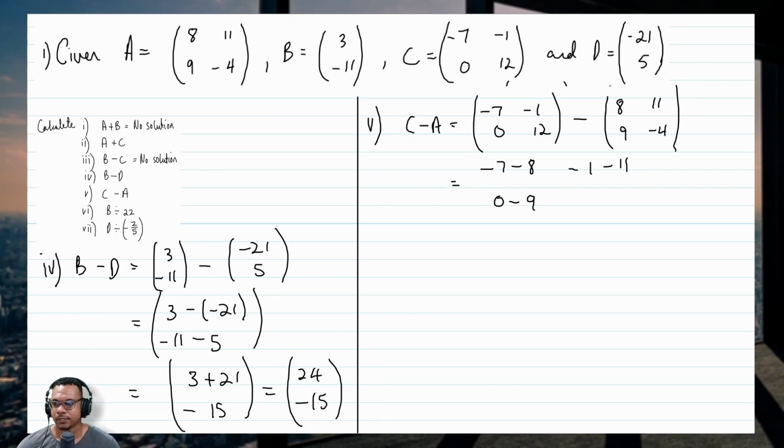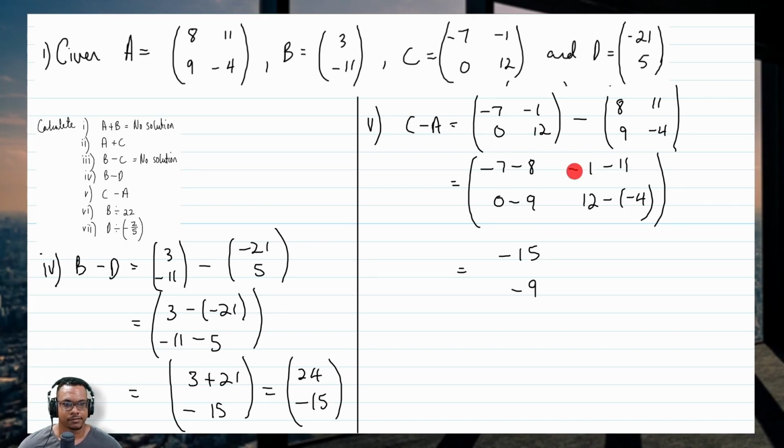So the next one we have is 12 take away negative 4. Now signs are the same here, so we'll add and keep the negative sign. So 7 plus 8 is 15, so negative 15. As I said, 0 take away 9 gives negative 9 because of the negative sign in front of the 9.